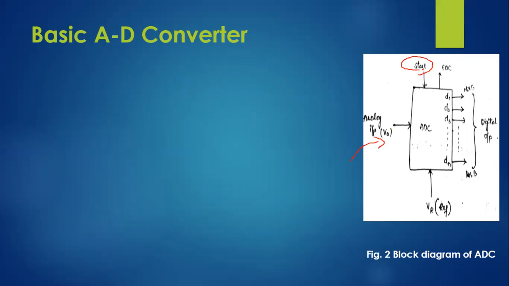Whenever we apply the start signal, it starts the conversion process in the A to D converter. After conversion is completed, it will release an output signal, that is, end of conversion. After the end of conversion signal is released through this pin, we collect the digital output from the output terminals of the A to D converter.